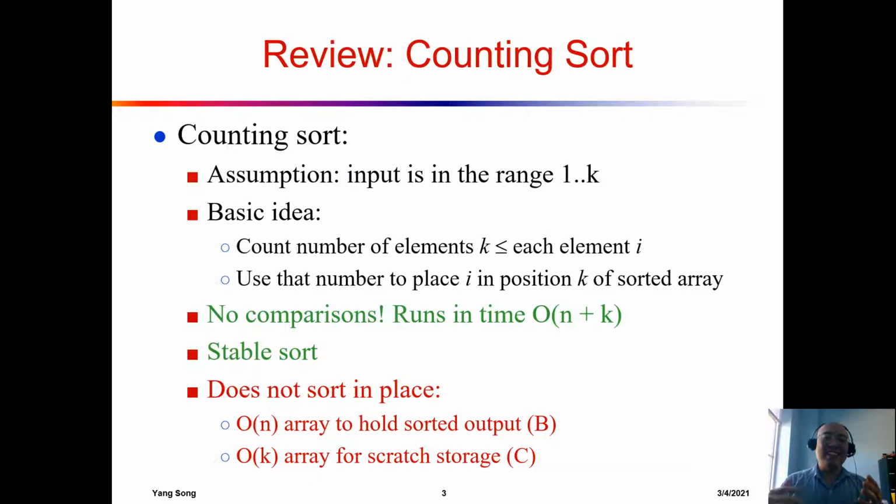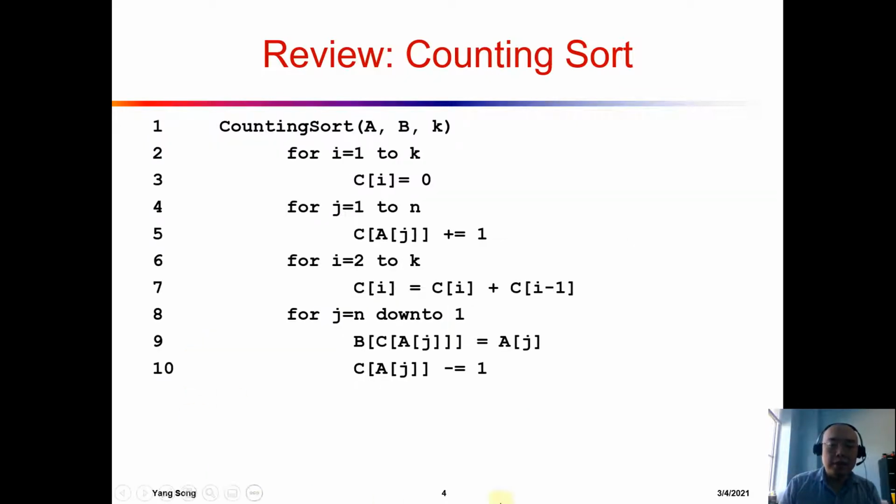This is the name given by me, because we are building C as a dispatching table. On the very last round of the counting sort, we are grabbing the values from A, and for each A value we grab, using the information from C, the dispatching table, we can dispatch that value from A and move it down to B. This is how we do the dispatching, and we are building B, which is the sorted values to return.